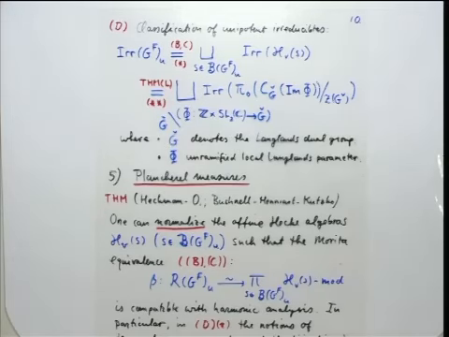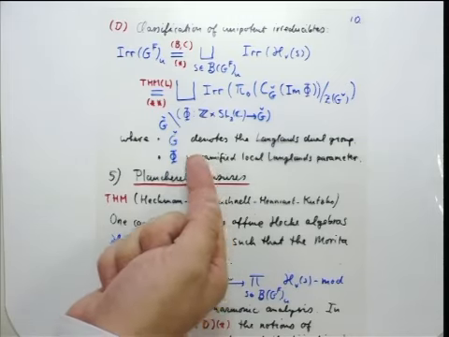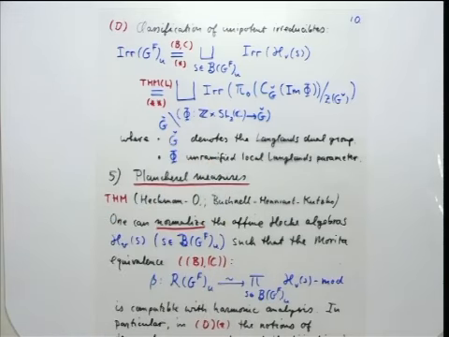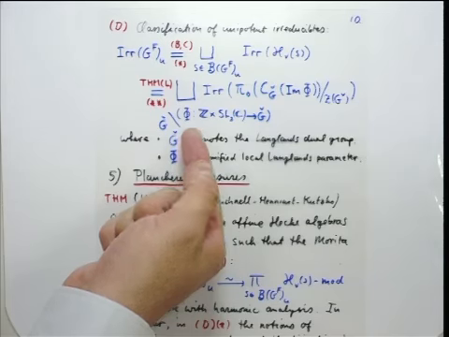But then there is his very non-trivial theorem that there is a completely different way of parametrizing the same set of irreducibles in terms of Langlands parameters. So now we look at G check, the Langlands dual group of G. And we look at all the Langlands parameters which are unramified.